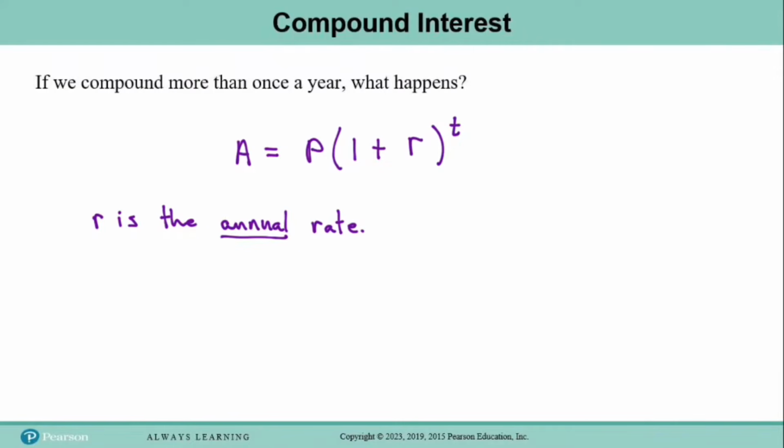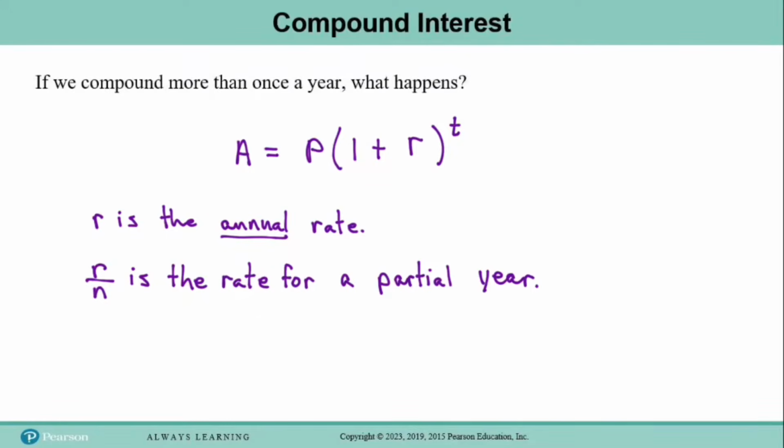So if they compound twice a year, they're going to pay you half of R. If they compound 4 times a year, they're going to pay you a fourth of R in each compounding period. So that over the whole year, you get the whole thing, but you only get part of it in each compounding period. So we say that R divided by N is the rate for a partial year. And so we would fix this formula. Instead of plugging in the entire R here, we'll have to plug in R divided by N, because that's all they're going to pay you in one compounding period.